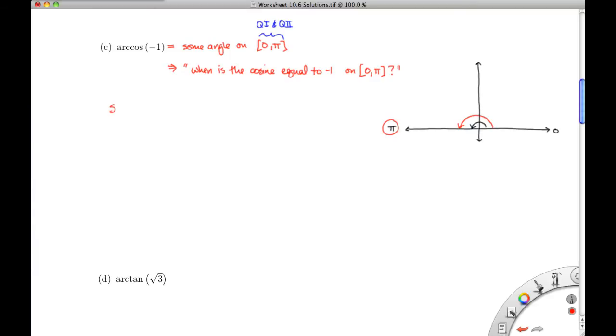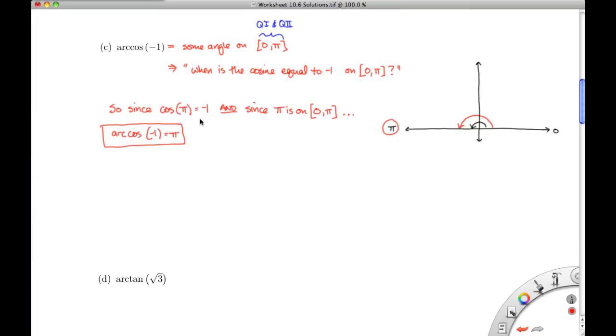So since the cosine of pi is equal to -1, and since pi is an angle that we have available to us on this interval from 0 to pi, barely, then we can say that the arc cosine of -1 is equal to pi. And that would be our solution for that one.